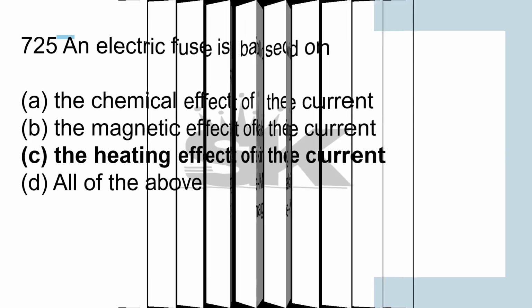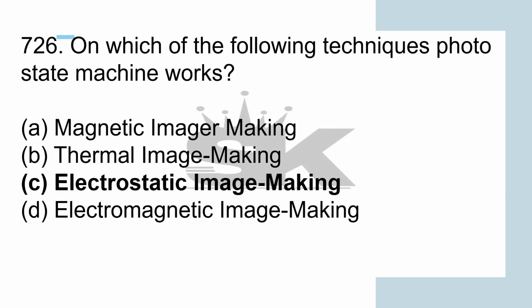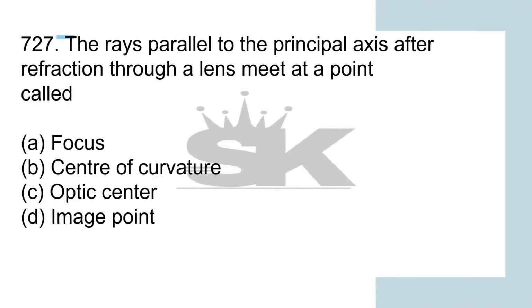On which of the following techniques does a photostat machine work? That is electrostatic image making. We have discussed it before. The rays parallel to the principal axis after refraction through a lens meet at a point called focus.